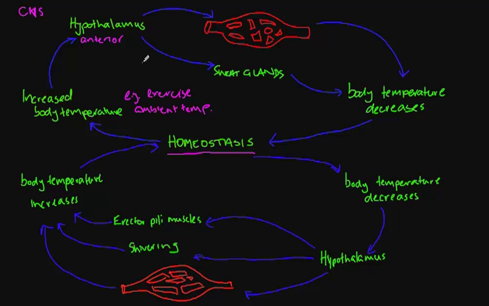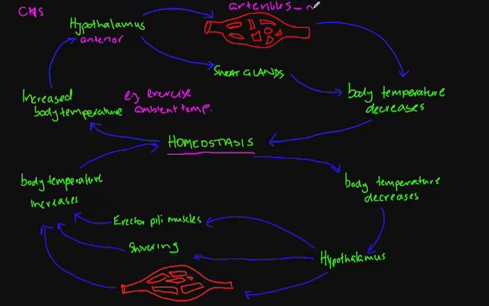A couple of things happen. First of all, we'll look at this top line here. A stimulus response is sent by motor neurons to the arterioles at the surface of the skin.